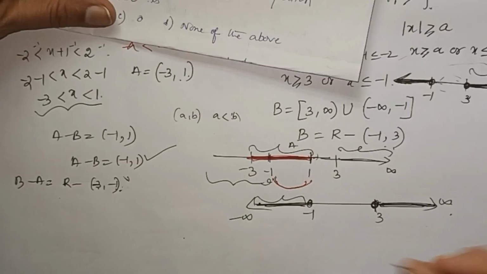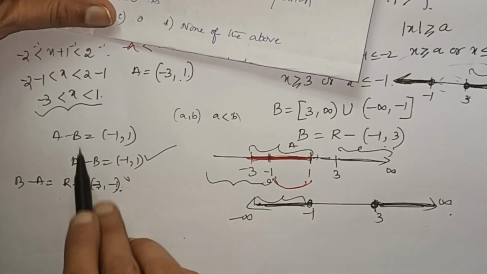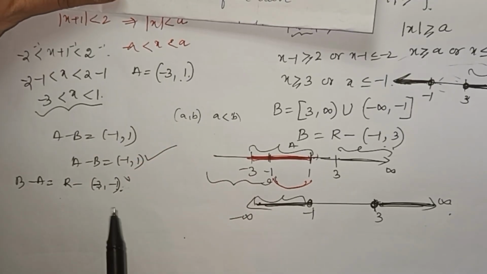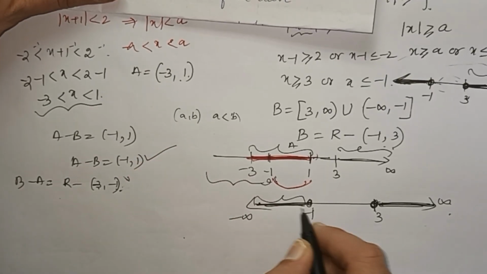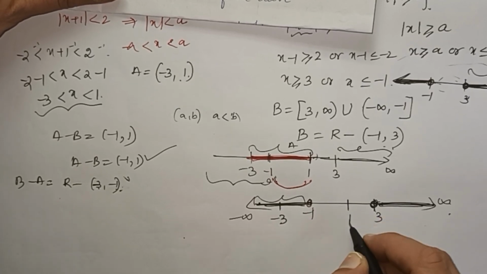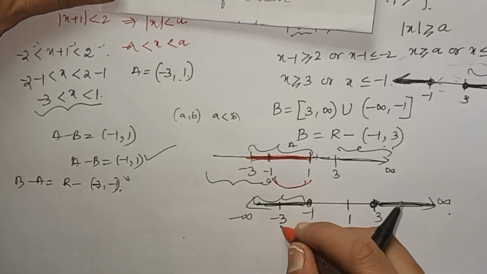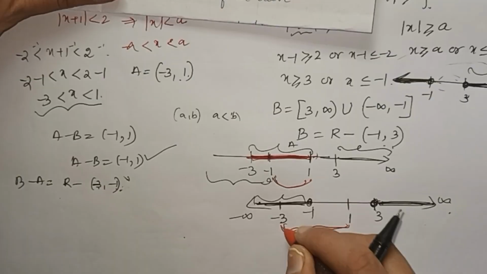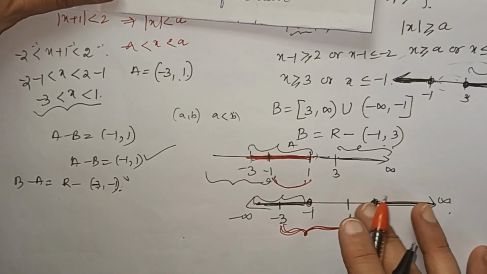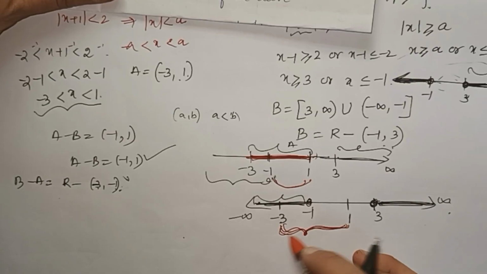A is starting from minus 3, open here, to 1. So minus 3 comes somewhere over here, minus 3 to plus 1. This is in red ink. So from this entire B, you have to subtract this red part.